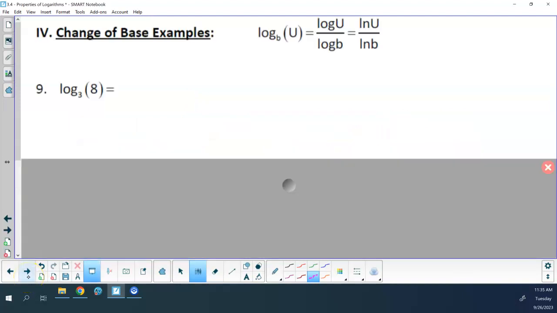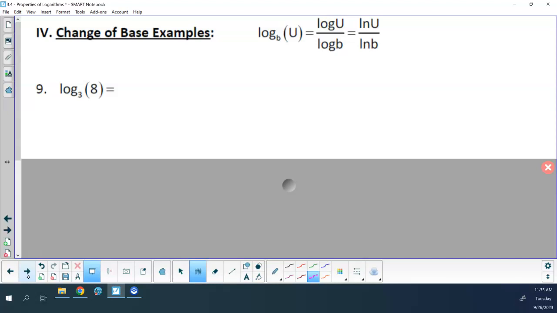Last one is change of base formulas. Okay? So, as I was saying earlier, sometimes it's not necessarily the easiest to find an exponent that fits. What exponent goes on 3 and gives me 8? I don't know. Right? Because 3 to the first power is 3, 3 to the second power is 9, 3 to the third power is 27.